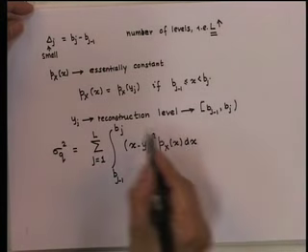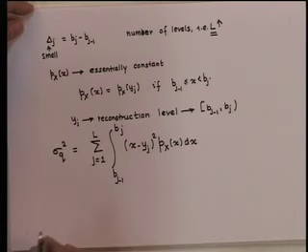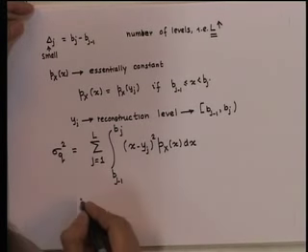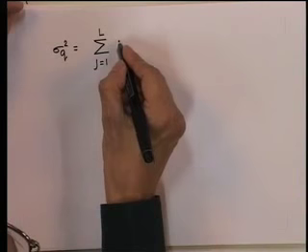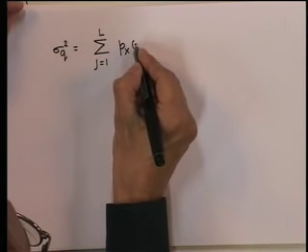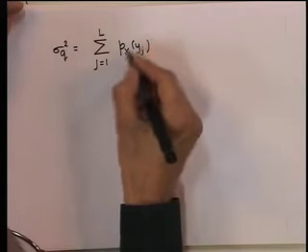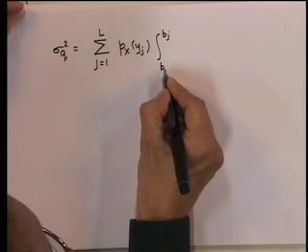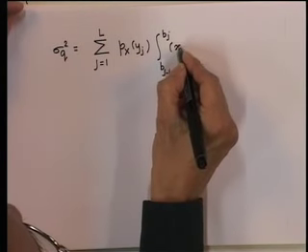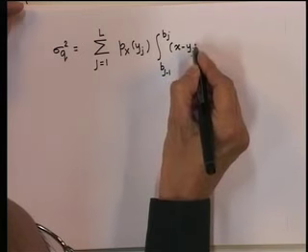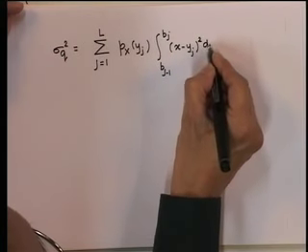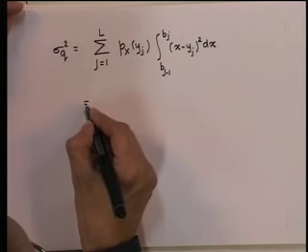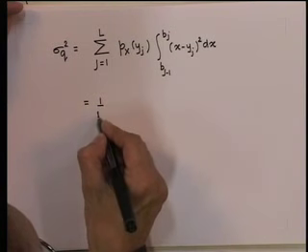Now, this expression can be rewritten based on the above assumptions as follows. This comes out of the integral because of being constant, and this can be simplified as follows.